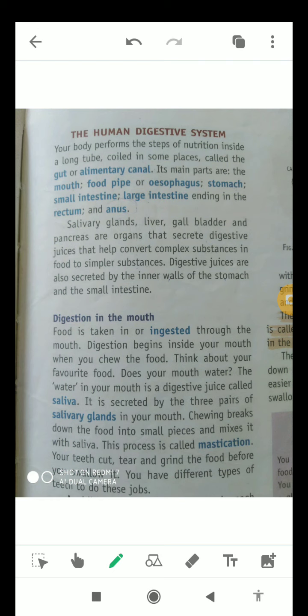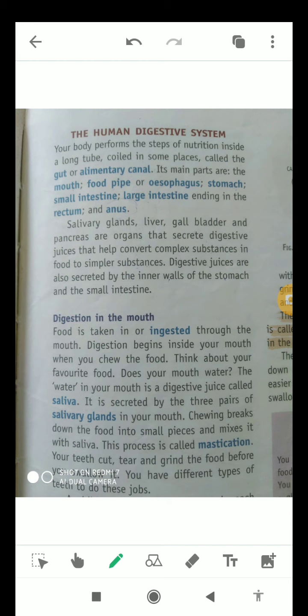Okay students, digestive juices are also secreted by the inner walls of the stomach and the small intestine.